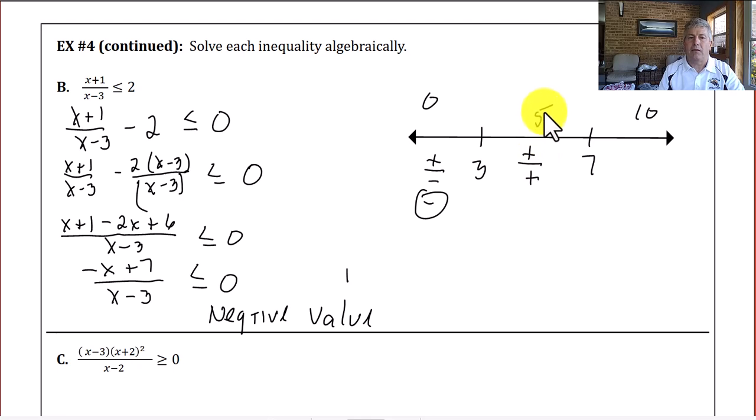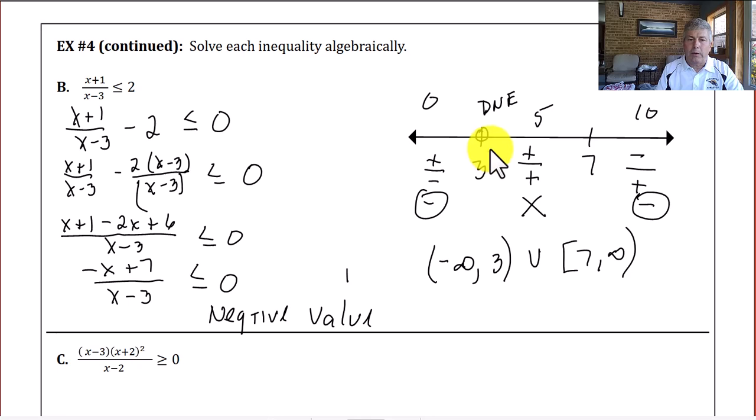When I test 5, I get a positive over a positive, which is a positive. So that region I don't like. And then when I test 10, I get a negative over a positive, and that is a negative value, so that one I like as well.